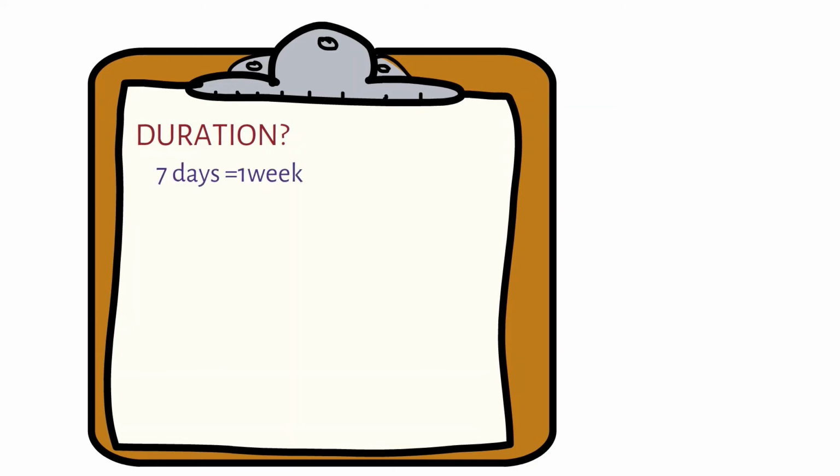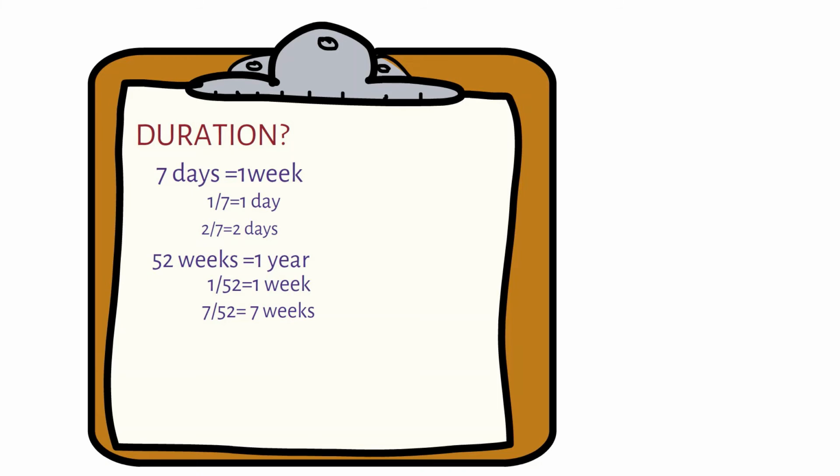So 1/7 in a prescription means 1 day. 2/7 means 2 days. I hope you understand that. There are also 52 weeks in a year. So when we say 1/52, it means that the medication should be given for 1 week. When we say 6/52, it means that the prescription should be given for 6 weeks.